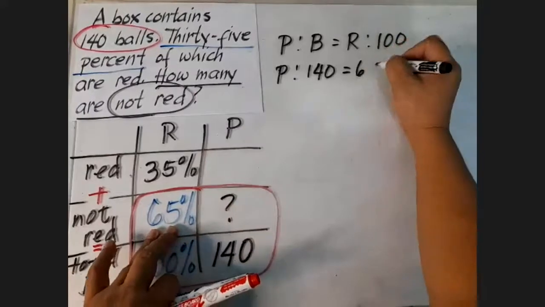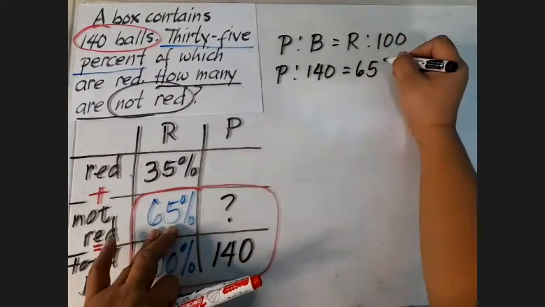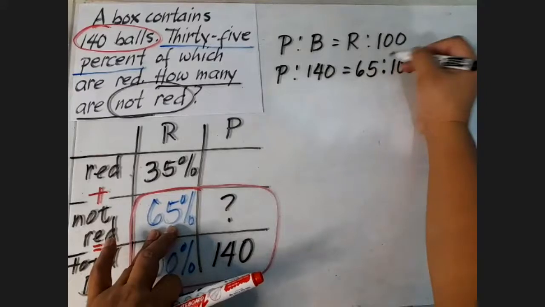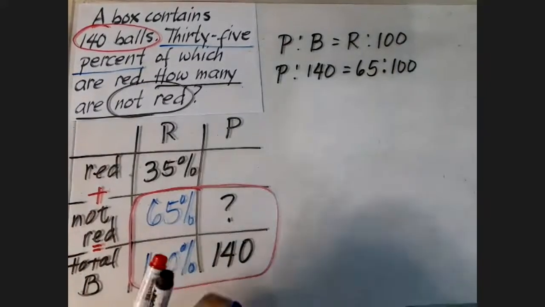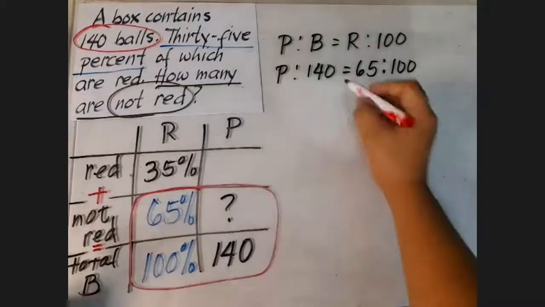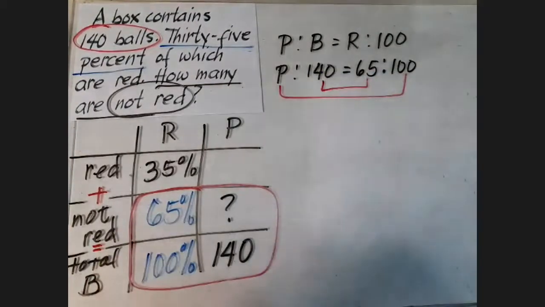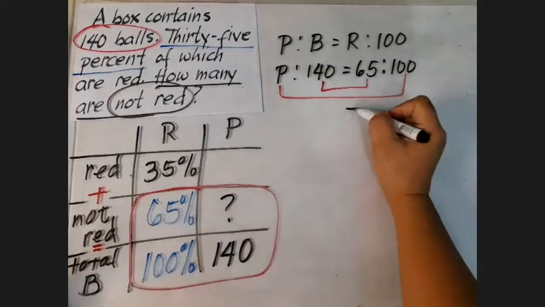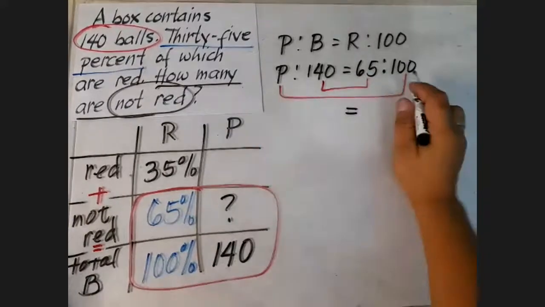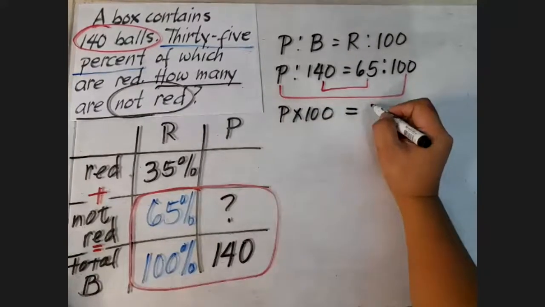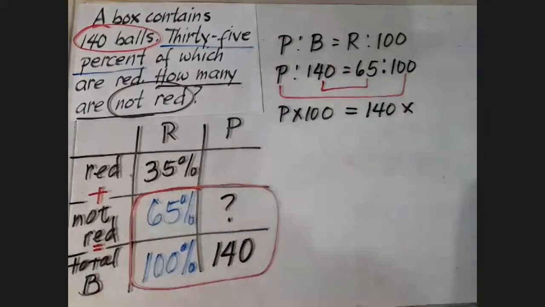Kasi yun ang itinatanong is to 100. Okay? Then, kagaya ng mga nauna nating problems, we solve this by getting the product of the means and the product of the extremes, and they should always be equal. So P times 100 is equal to 140 times 65.